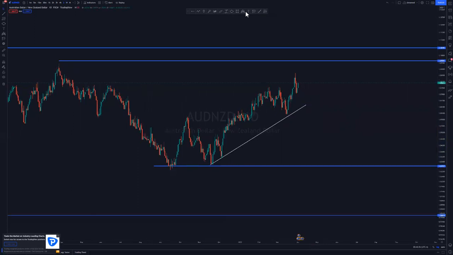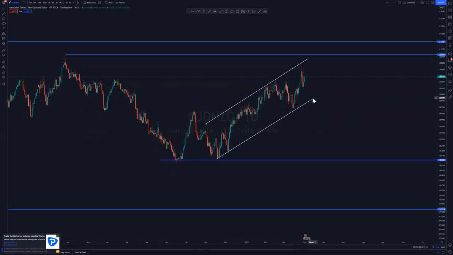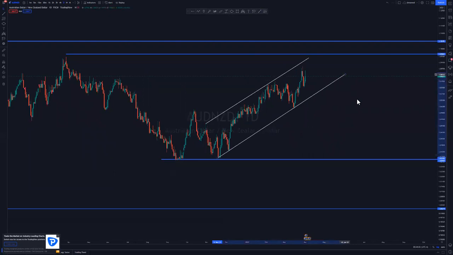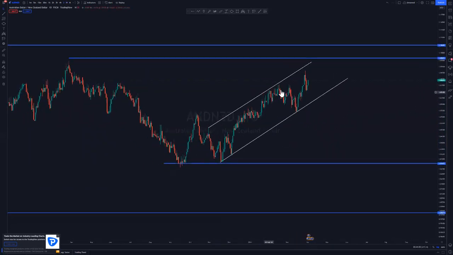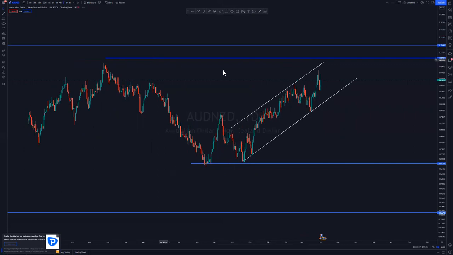So the uptrend, it had these. You see how it is? You see how nice it is, guys? So right now, price has to move in these formations if price is doing a correction or something like that. These are the power of trend lines.